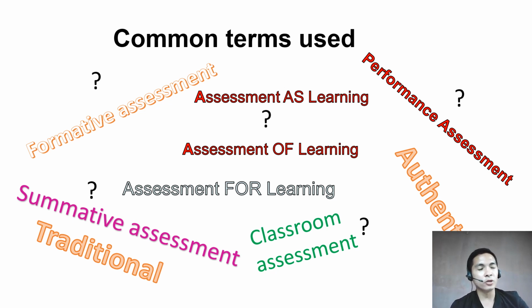What do you mean by authentic assessment? It is a product and or performance correlated with real life experiences, while traditional assessment or paper and pencil test determine choice measure of assessment.